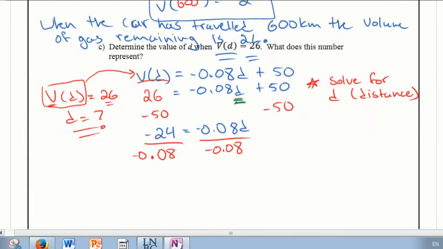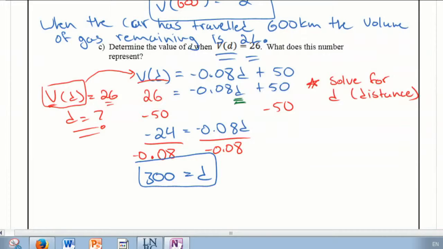I'm dividing a negative by a negative on the left. So negative 24 divided by negative 0.08. That's going to give me positive 300 is equal to D.